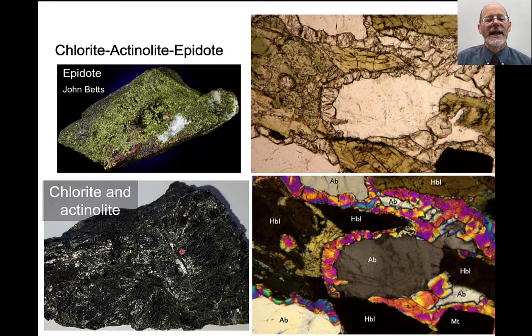Chlorite, actinolite, epidote, these are the characteristic minerals of the greenschist facies. So here are dark green flakes of chlorite with prisms of actinolite. Here's some beautiful epidote. In thin section, this is epidote growing around here. You can see it has very high relief, and when you cross the polars, it has these intense interference colors.